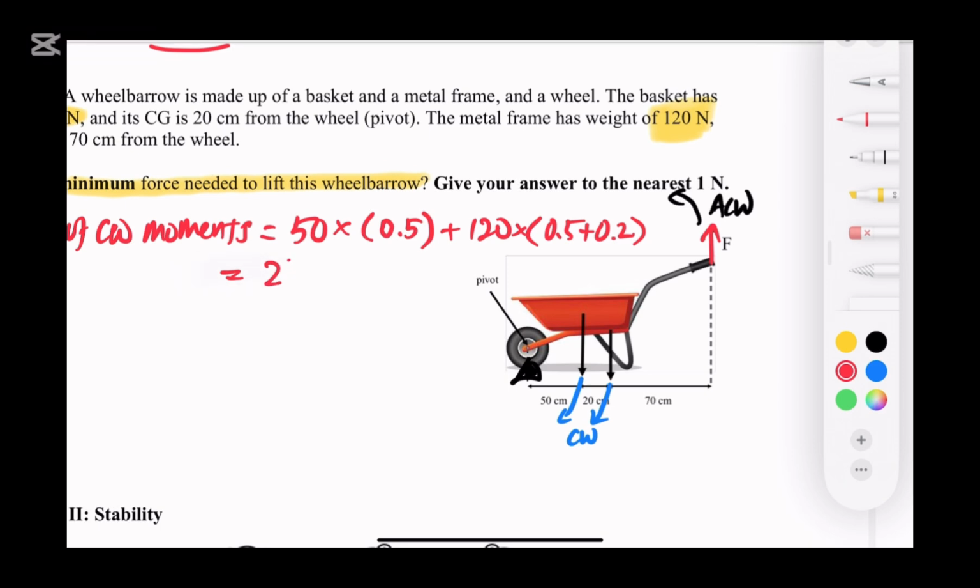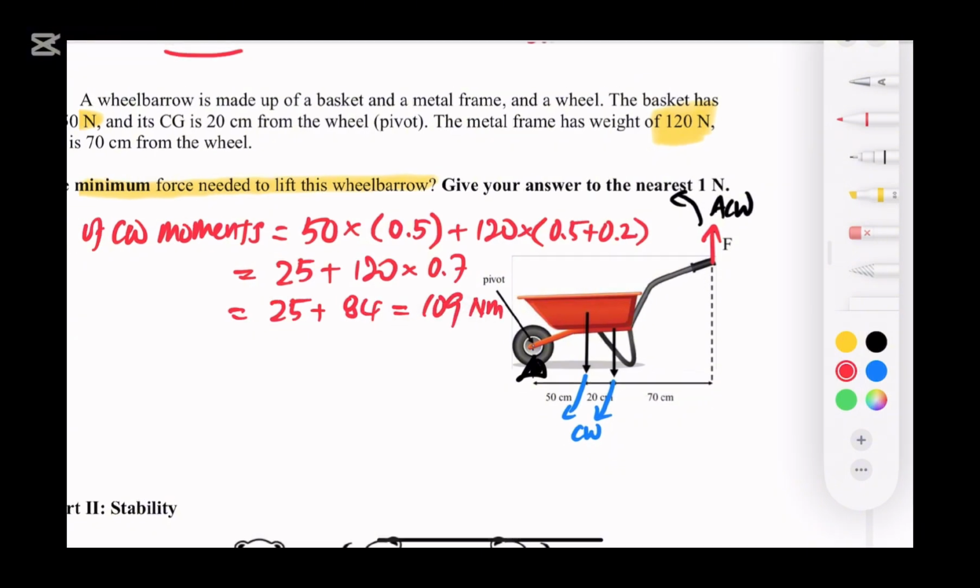So this is 25 plus 120 multiplied by 0.7. So this is 25 plus 84. I'm doing mental sums over here, so it's a bit slow, which gives me 109 Newton meters.